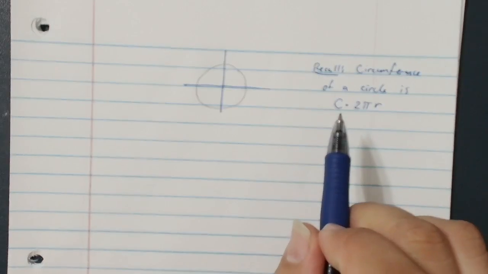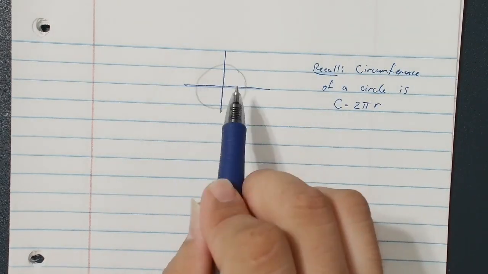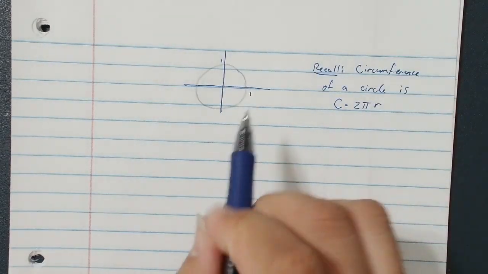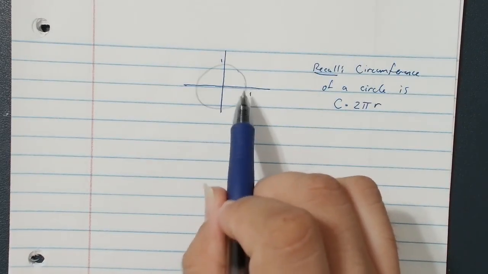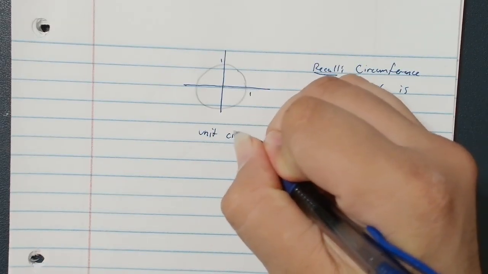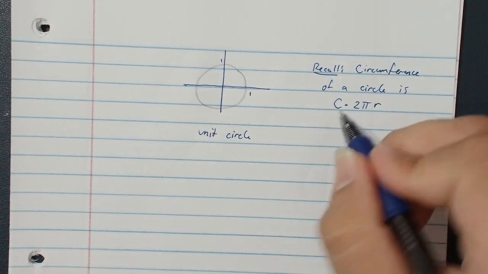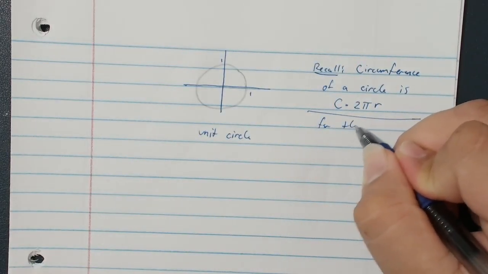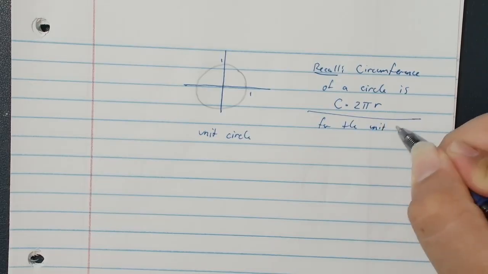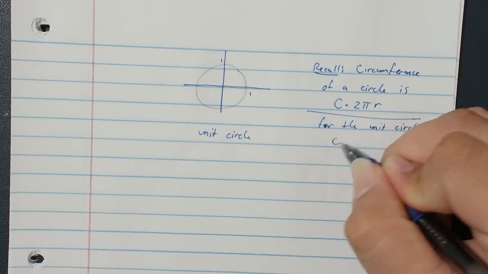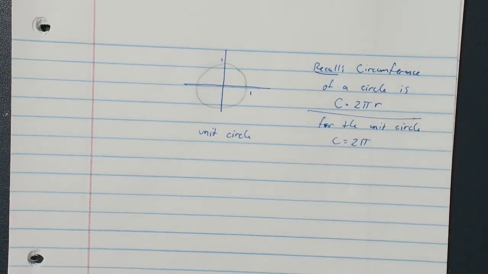To keep things very simple for us, we're going to go ahead and think of this circle as having a radius of 1. This is called the unit circle. The unit circle is literally just a circle whose radius is 1 unit long. This is the unit circle. Okay, so the circumference of the unit circle, for this unit circle, C is equal to just 2 times pi.